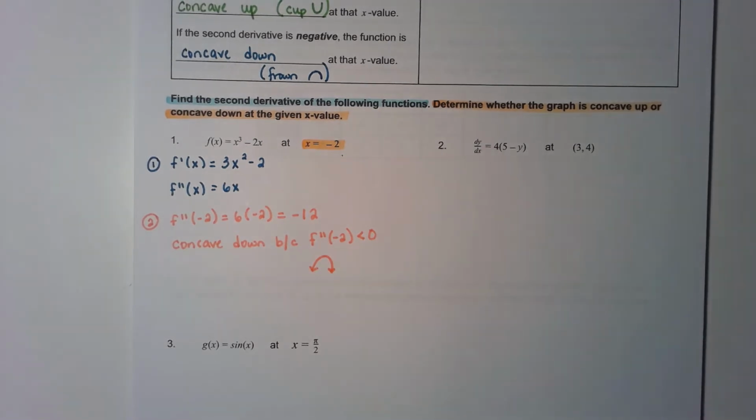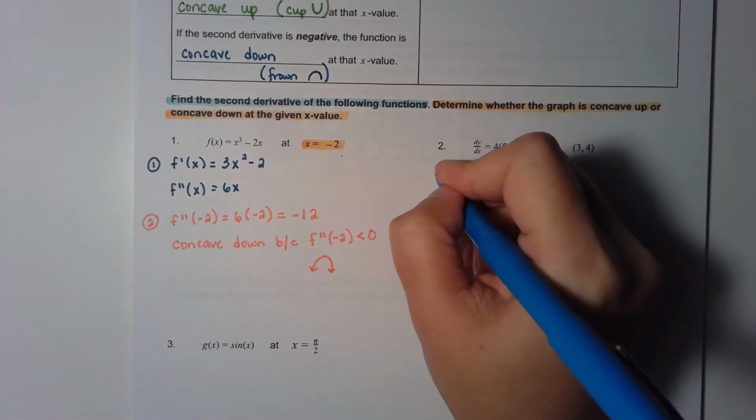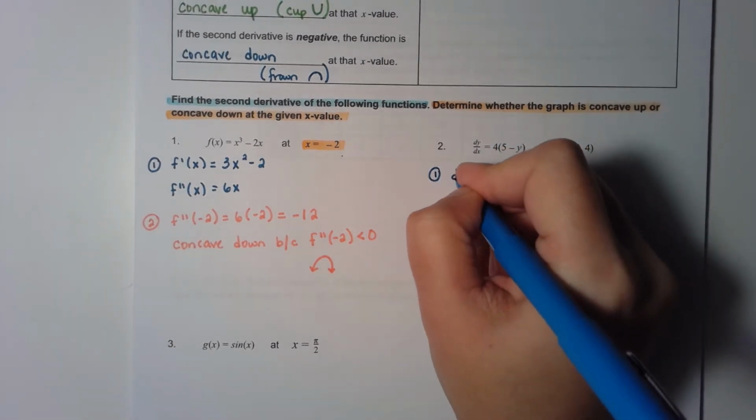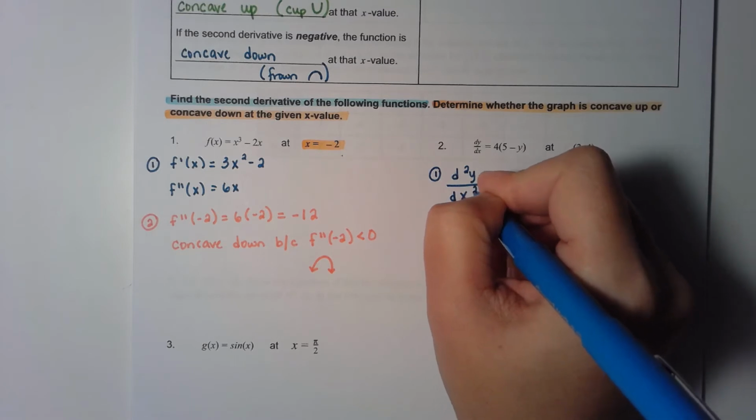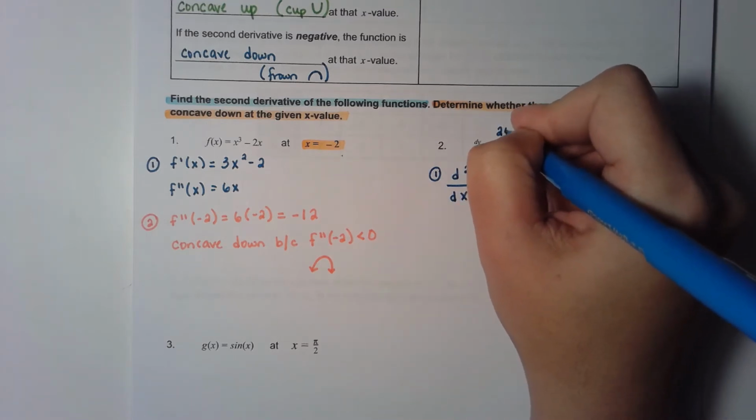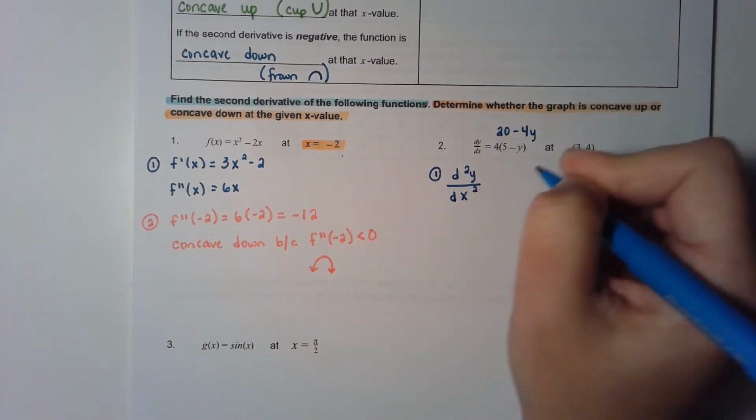For problem number 2, you're going to notice that this is a function that is defined implicitly. The y is not isolated. So when I find the derivative here to get the second derivative, I'm going to need to use implicit differentiation. So since I already have the first derivative, I'm just going to go ahead and find the second derivative. Now, I think it's going to be easier to do that if I distribute first.